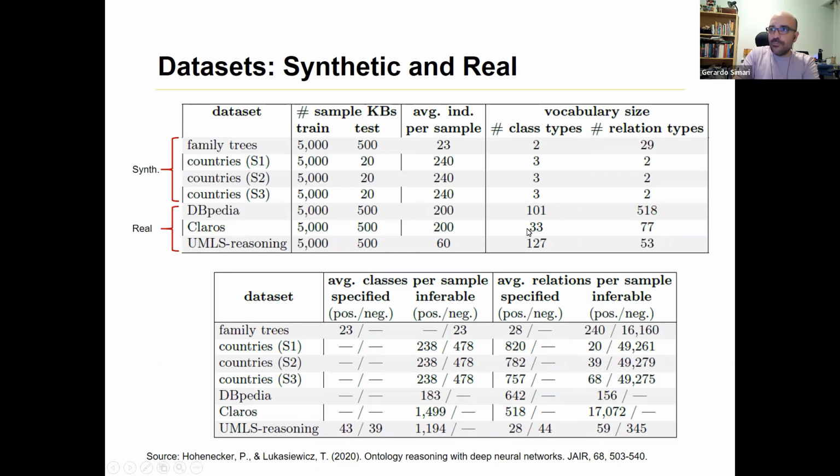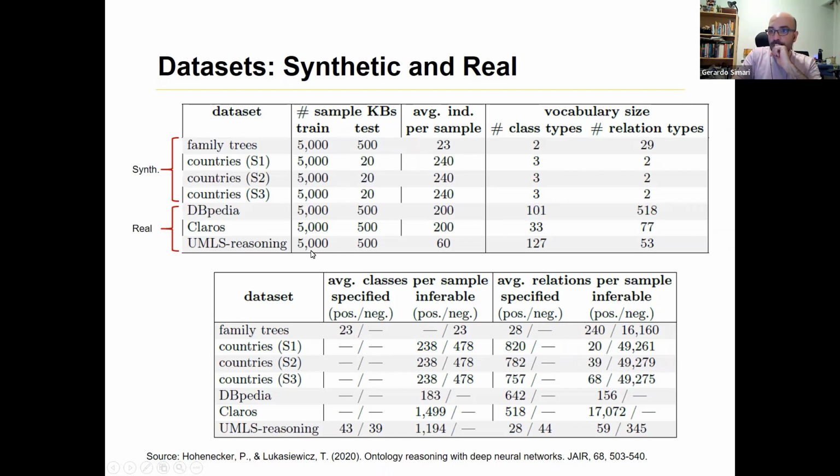We have greater numbers here. So we have relations, they even have more, but they capped it at these numbers, at least for DBpedia, just to keep it manageable. And then they kept these numbers quite uniform for sample KBs. They kept it at 5,000, trying to see if that was enough to get good numbers.